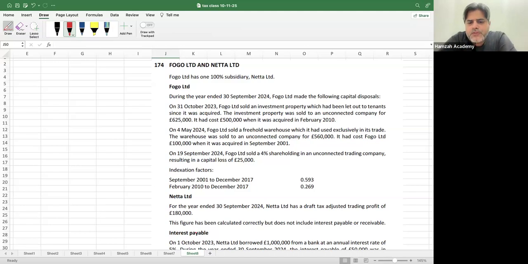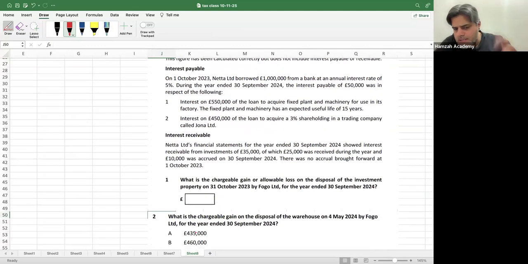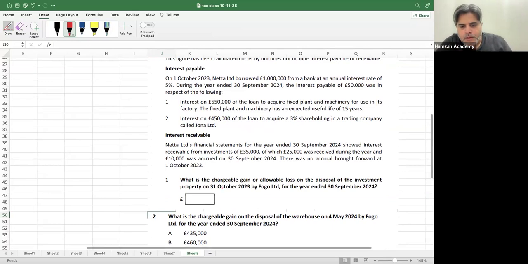On 19th September, Fogo Limited sold a 4% shareholding in an unconnected trading company, resulting in a capital loss of 25,000. Indexation factors are 0.593 and 0.269. Then we have Nita Limited and the interest payable, interest receivable. The first requirement is, what is the chargeable gain or allowable loss on the disposal of the investment property on 31st October by Fogo Limited?